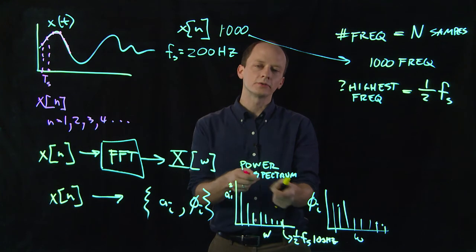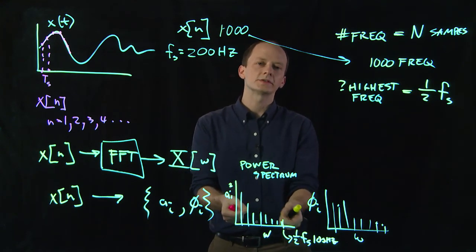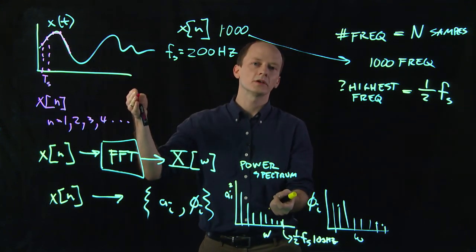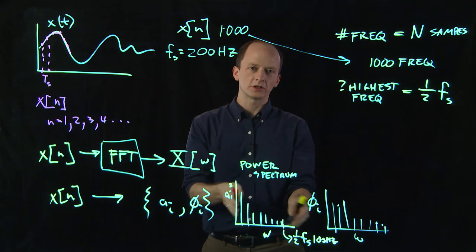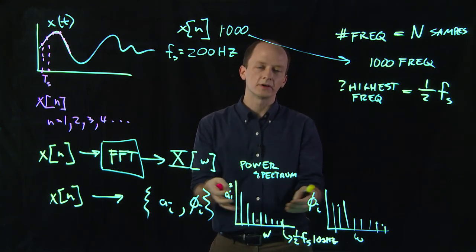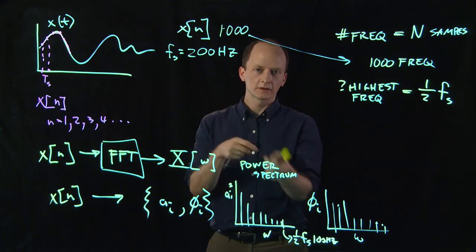We're going to work through an example of how you might use these plots to gain insights into the nature of the signal you're actually sampling, and then figure out, based on that information, how to design conditioning filters or debug aspects of the real world that you're measuring. So let's walk through that.